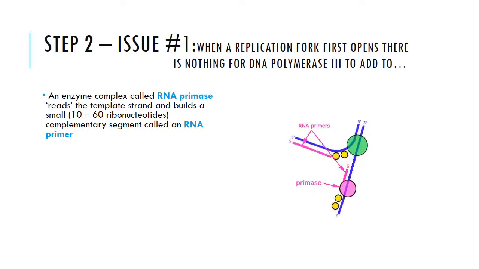And if we have a look over here at the diagram, we can see that the replication fork is opening in this direction. Primase is represented here in pink.